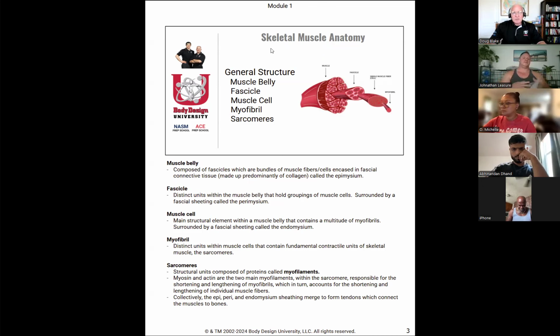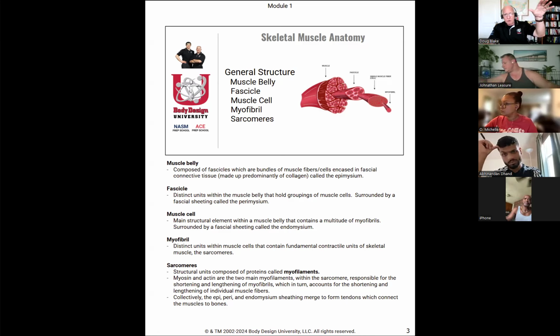So, skeletal muscle anatomy. Now, the best way to go about this, and I'm going to recommend this as we're doing this, is grab a pencil, pen, or marker, and actually draw this out. It's really helpful to draw this from the general all the way down to the very specific, or the smallest part of the general structure of skeletal muscle anatomy.